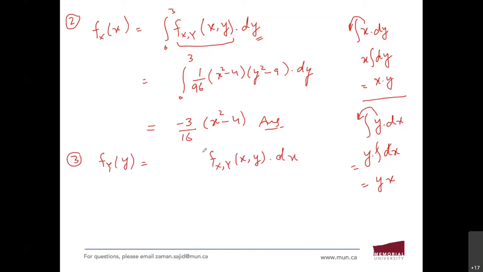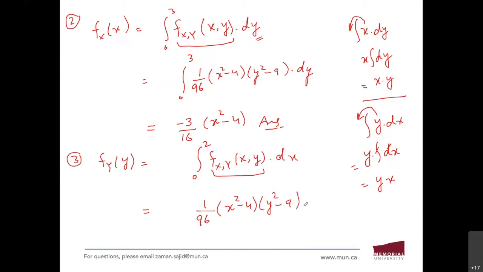Now because I'm interested in y, I use my x integral here, and the limits of x are from 0 to 2. This is your joint probability distribution, given to you as 1 over 96 times (x square minus 4) times (y square minus 9).